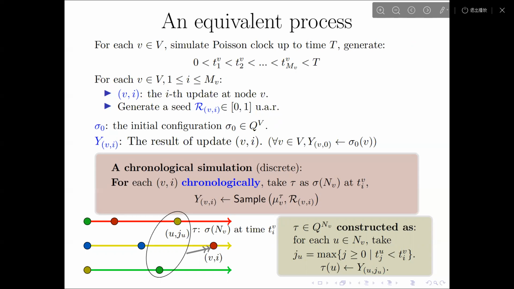At time T_{V_i}, resolve Y_{V_i} according to tau. Formally, for update V_i, tau, the neighbors' configuration at time T_{V_i}, is constructed as follows. For each neighbor U, let U_{j_U} be the latest update at U before time T_{V_i}. Set U's color by Y_{U_{j_U}}.